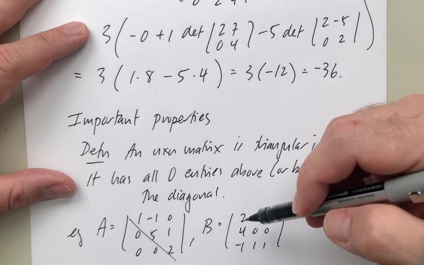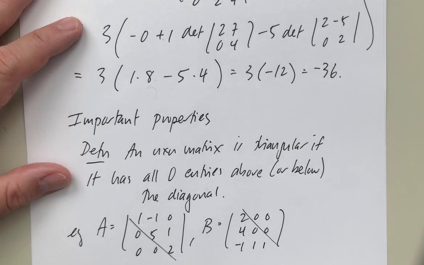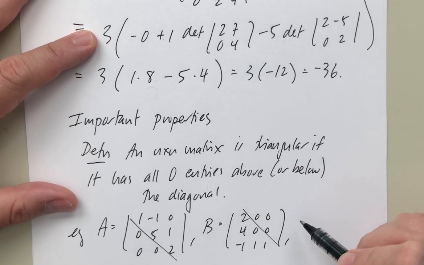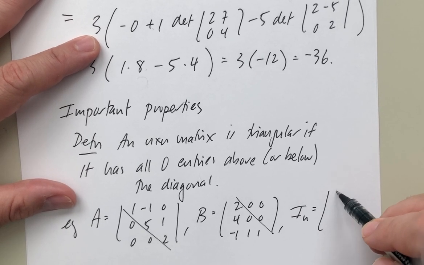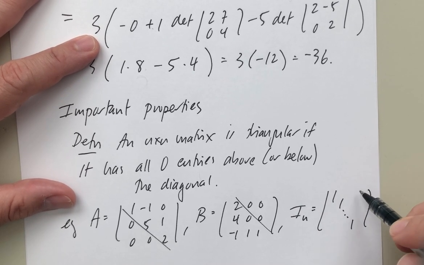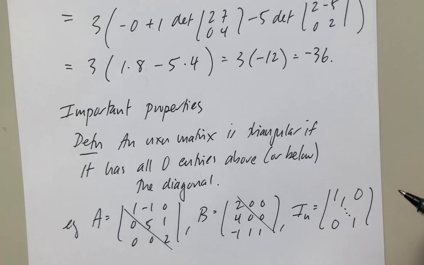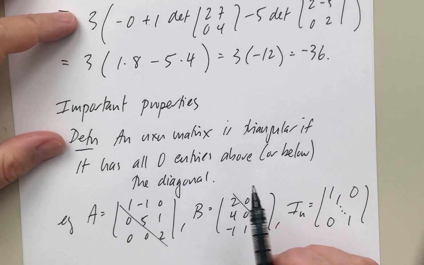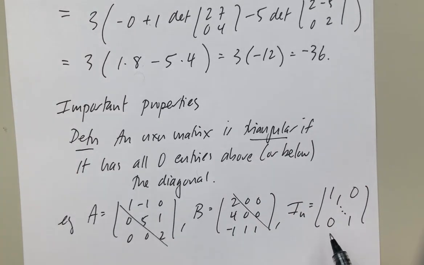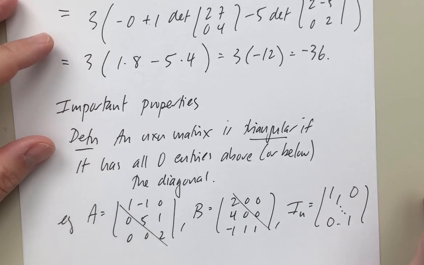This is also triangular because above that diagonal are all zeros. Another example that we'll make use of a lot is the identity matrix, right? That has 1s down the diagonal and zeros below and above. This is called a diagonal matrix, actually. But in particular, it's triangular because it's actually upper triangular and lower triangular.